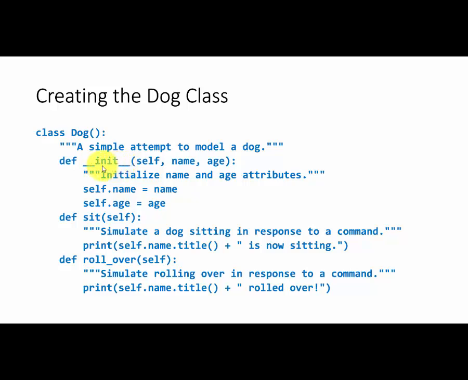This is a must whenever you write a class. Here you will have the parameter self, and another are the parameters related to the class, that is the dog.